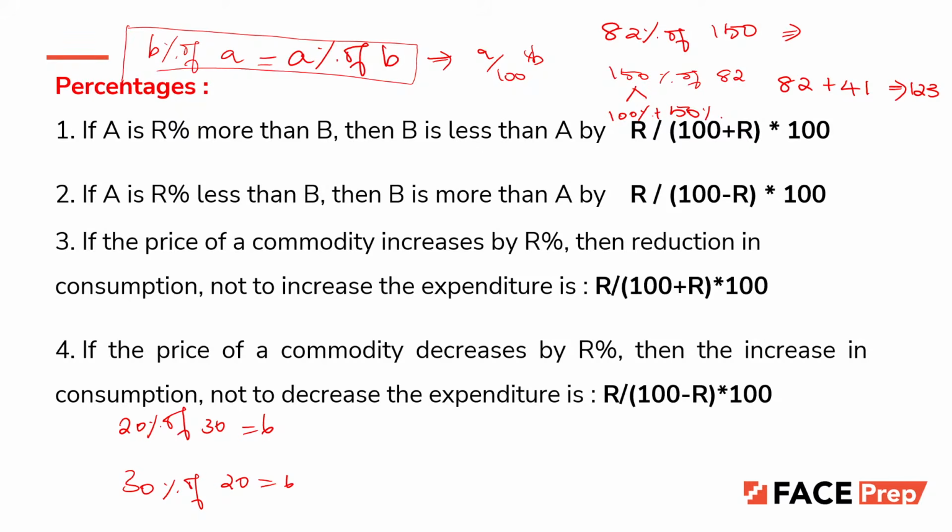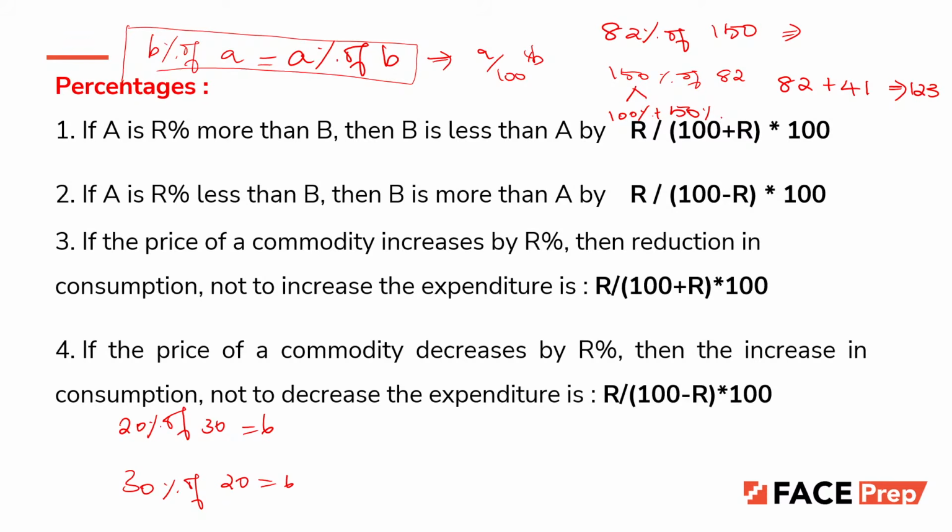Similarly, if A is R percentage less than B, then B is more than A by R by 100 minus R into 100. Right? So now let's go for the next part.